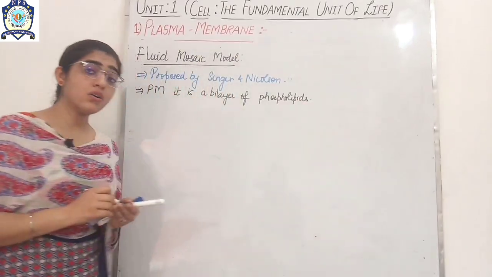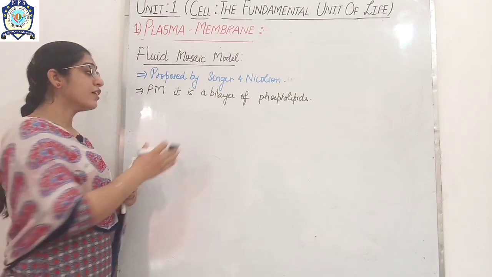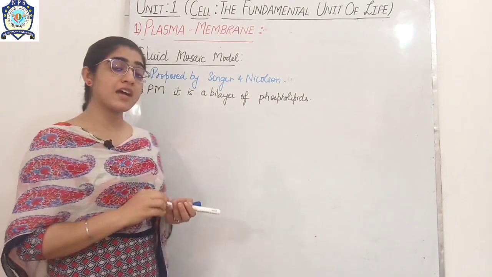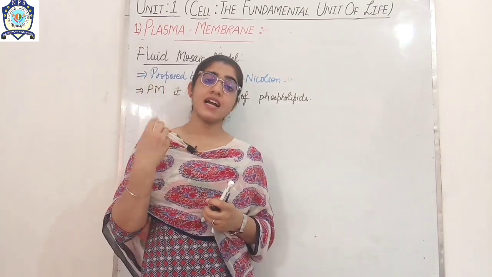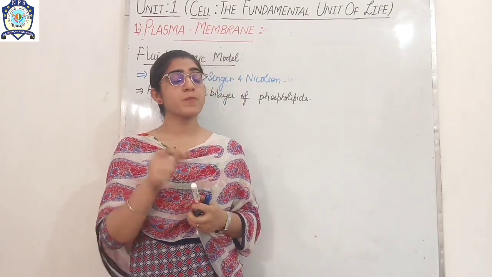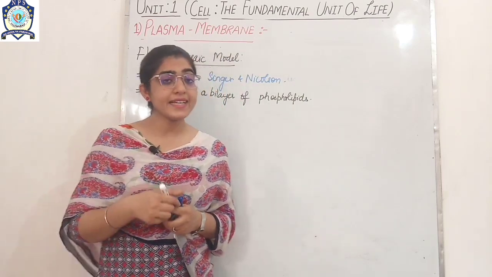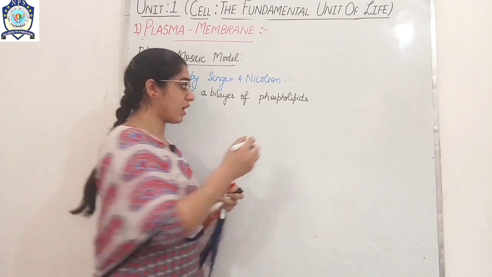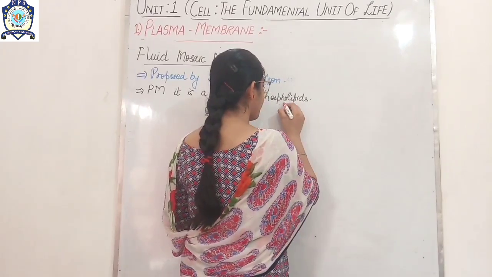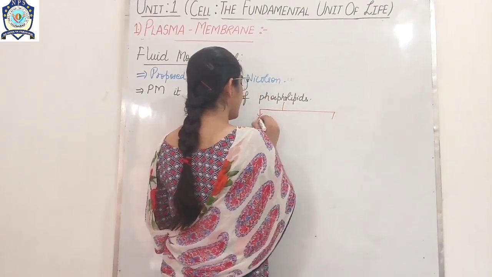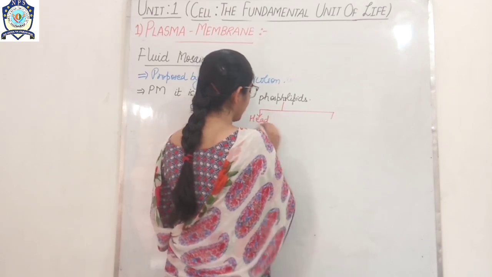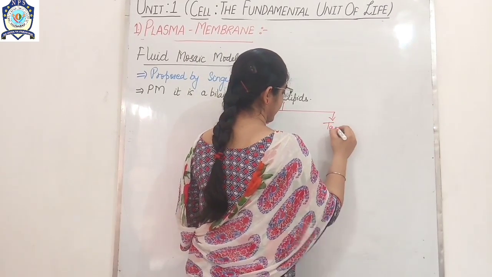So how is it a phospholipid? A phospholipid has two parts, one is the head and one is the tail.